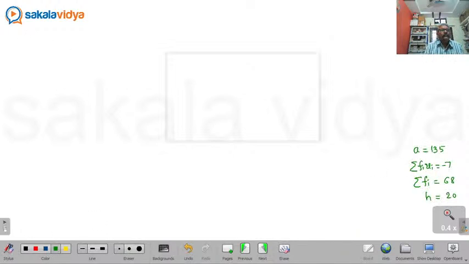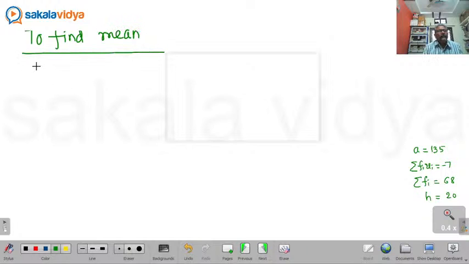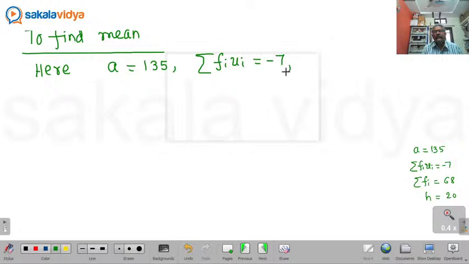So now to find the mean, here A equals 135, sigma Fi ui equals minus 7, sigma Fi equals 68, h is equal to 20.